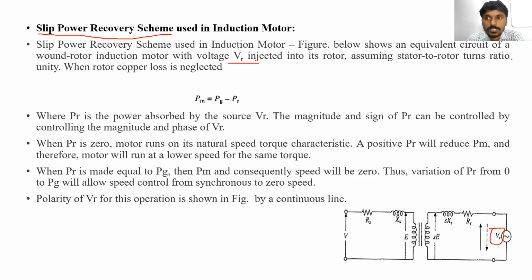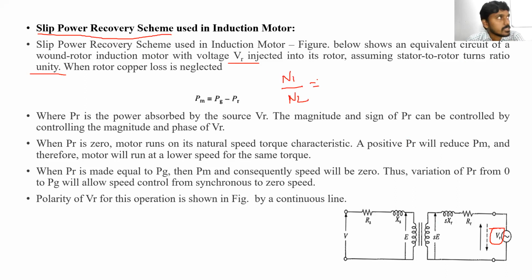Assume the stator to rotor turns ratio is unity. Whatever the number of turns in the stator and whatever the number of turns in the rotor, this ratio will be unity. For example, the stator number of turns is N1 and the rotor number of turns is N2.